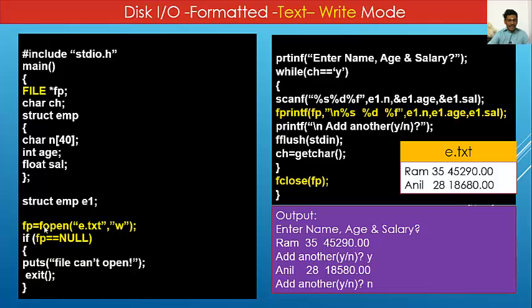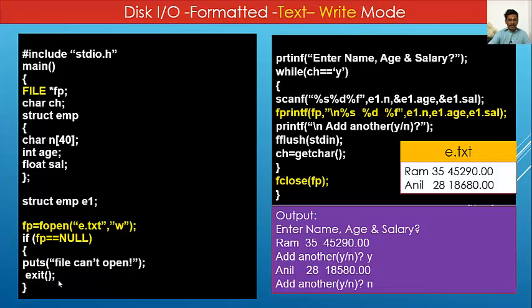NULL is a macro. It indicates no address, whereas 0 indicates no value. NULL refers to no address. If the file opening fails, it returns NULL. So fp is NULL, NULL equal to NULL, the condition is true. Display file cannot open.